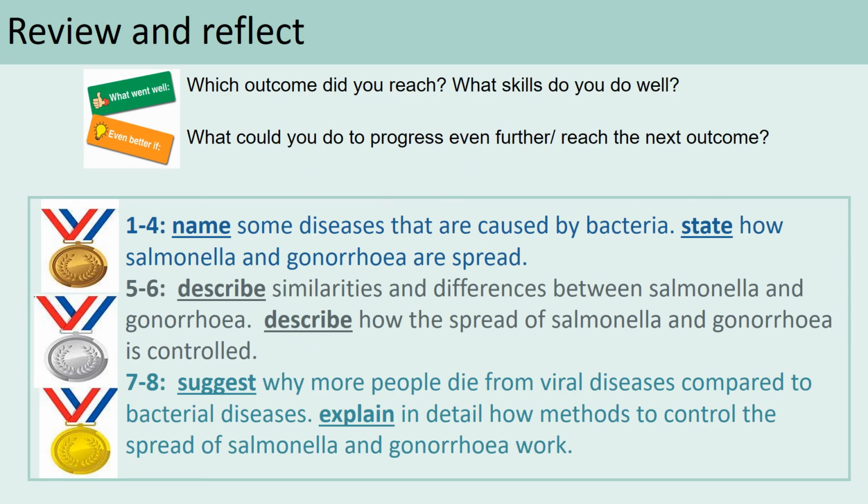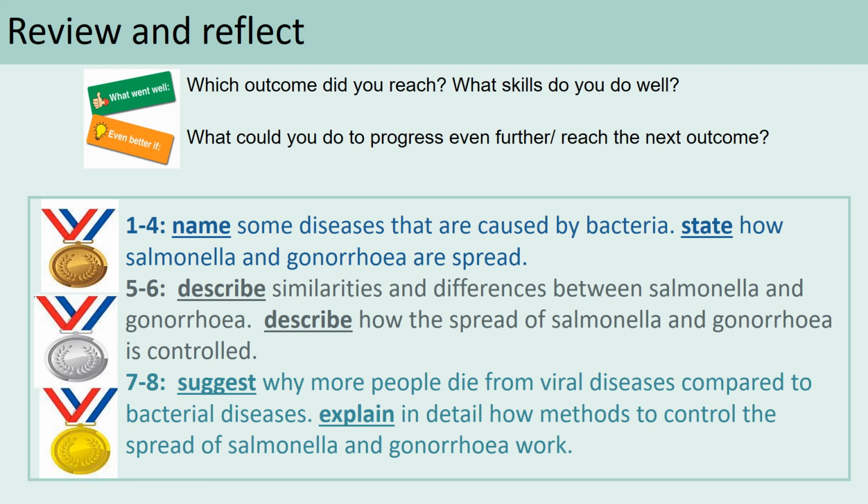Okay, so hopefully from this we are able to name 2 bacterial diseases. So if you're asked, name a bacterial disease, you could put salmonella or gonorrhea. Hopefully you're able to describe similarities and differences between salmonella and gonorrhea, so the ways in which you get it, how it's treated, and the symptoms that you get from it.